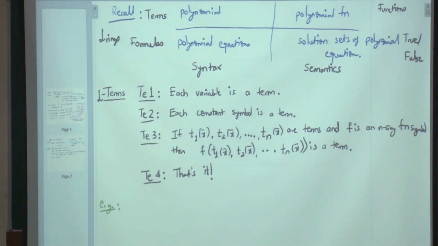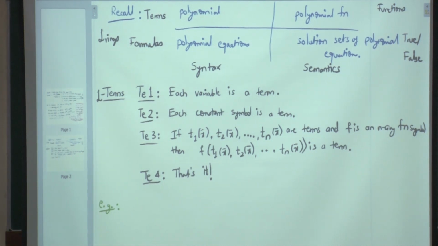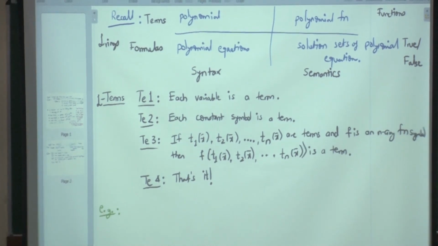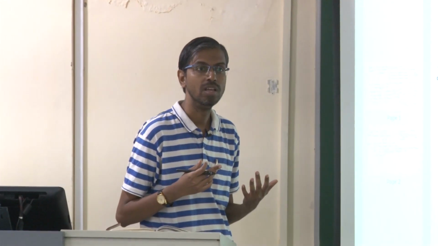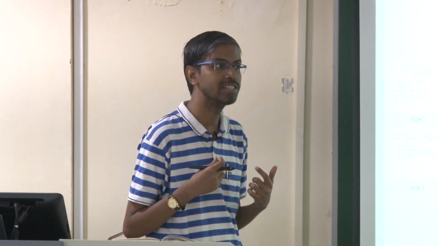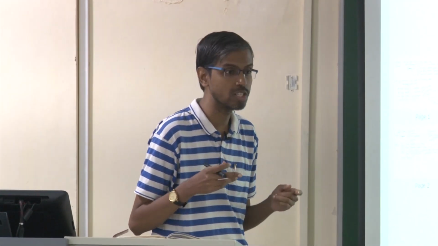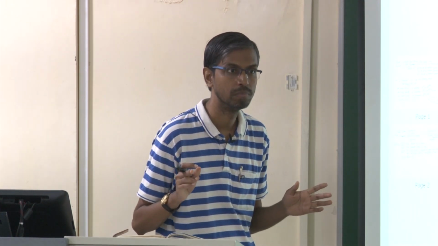In TE3, what additionally have you used, T1 like kind of function? Yes, okay, that's a good question. So T1 x bar, what does that mean? Every term may consist of some variables.